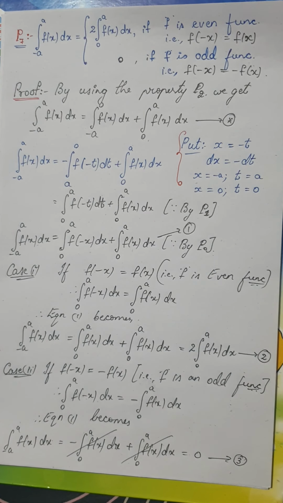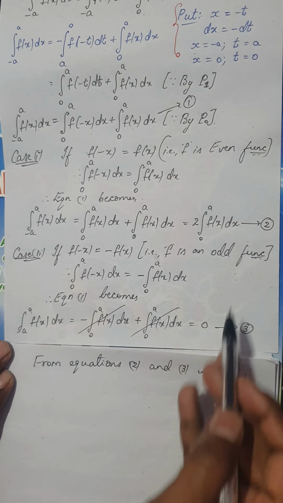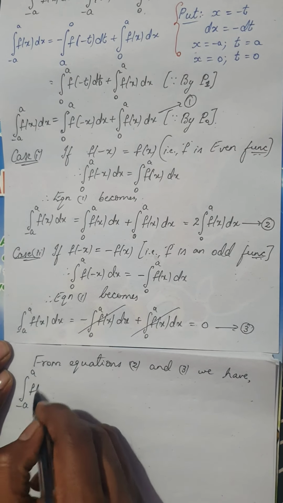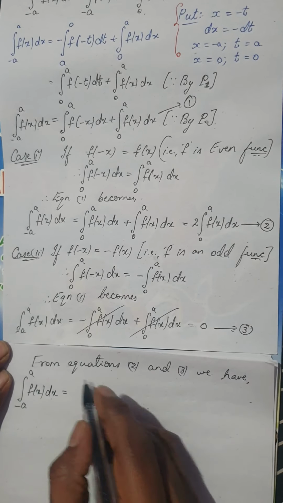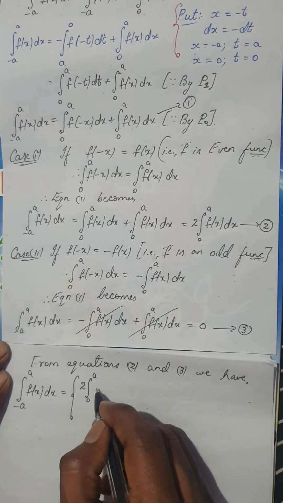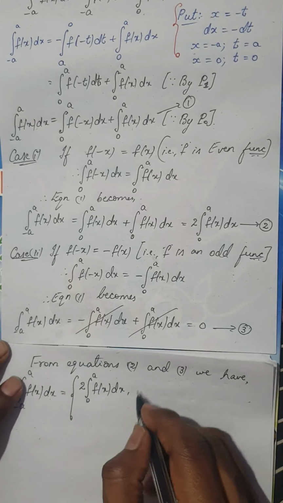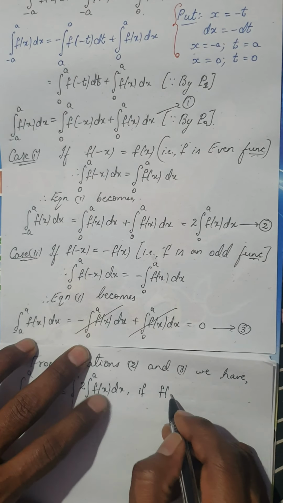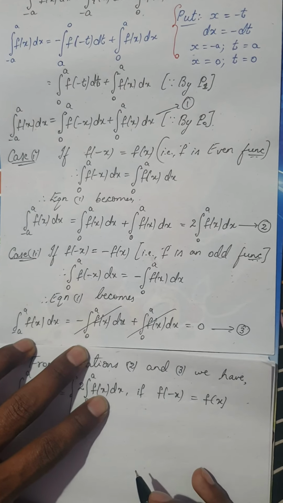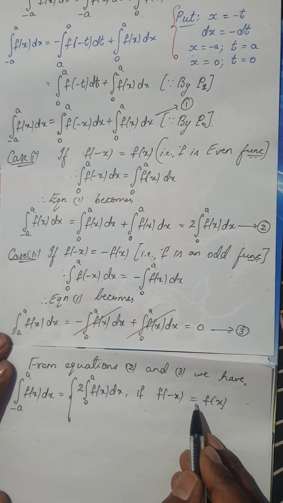So you can write the conclusion. From equations 2 and 3, we have the integral from minus a to a of f of x dx will be nothing but, there are two options. First one is 2 times the integral from 0 to a of f of x dx. What is the condition for this? This is if f of minus x is purely f of x. Sometimes he will give you this, sometimes he will say f of x is an even function.